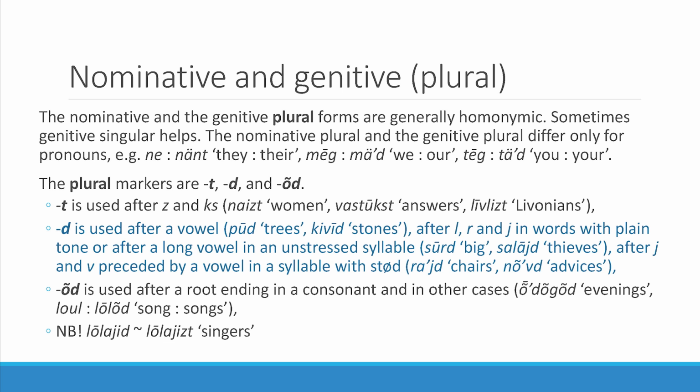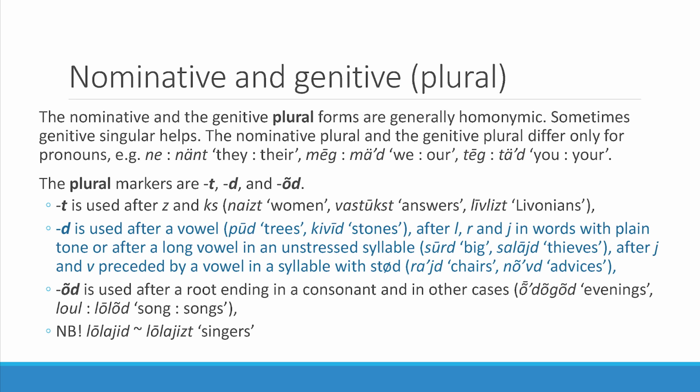Vastust, answers, liveliest, Livonians. Then this soft d is used after a vowel generally. So it's puud, trees, kivid, like stones. Yes, you put additional vowel before the plural marker. So it's like in Estonian.